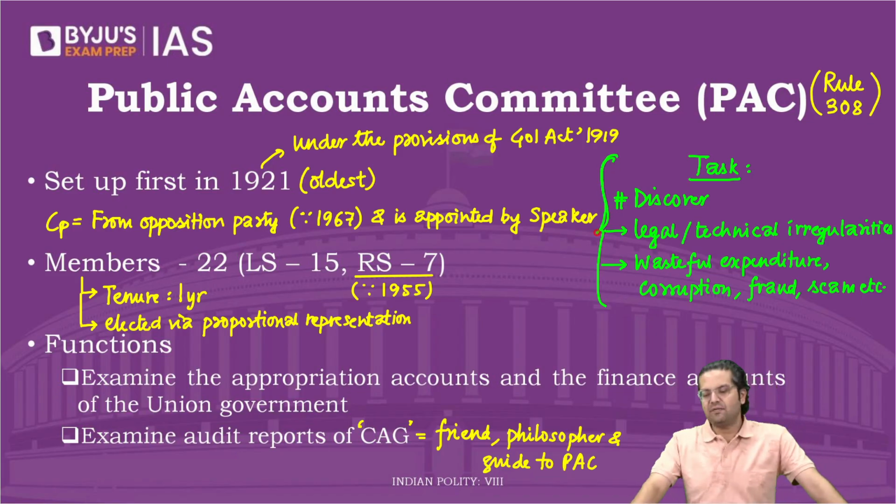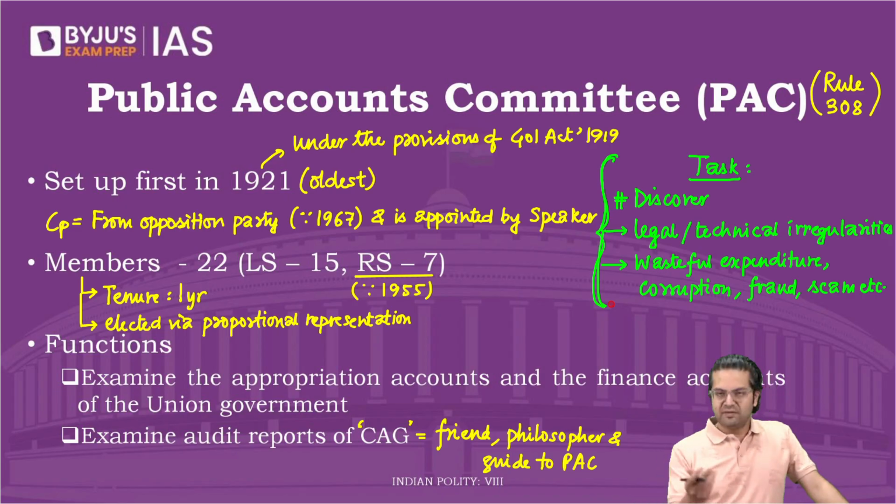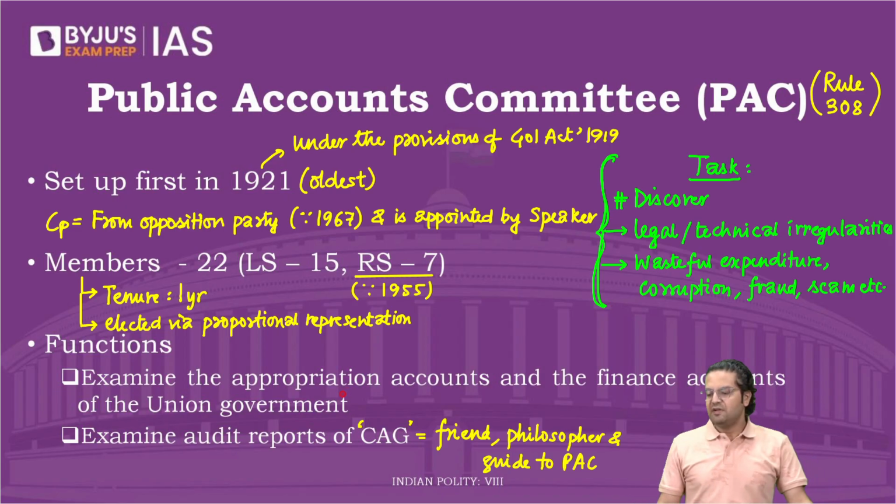Are we clear on this? Appropriation accounts: appropriation means withdrawal, meaning whichever account or from wherever the government has withdrawn money to spend, the PAC will evaluate all such accounts from wherever money has been taken out. Clear? So this is the PAC.